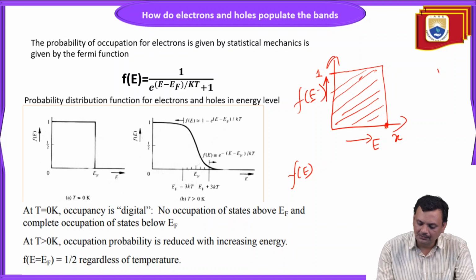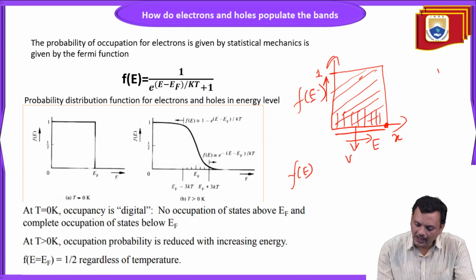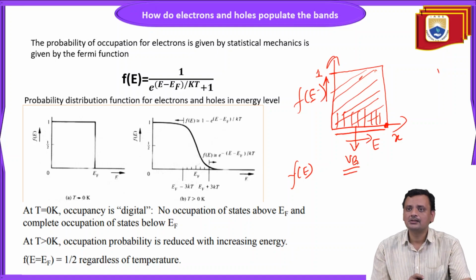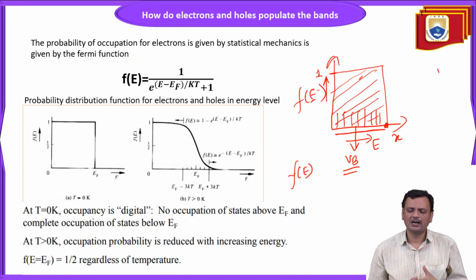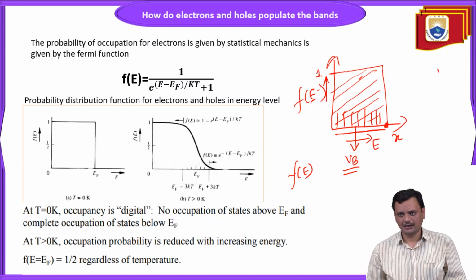Up to this energy level, all the energy values come under the valence band region, because at absolute zero temperature the valence band is completely filled, and any energy levels beyond the valence band, not part of the valence band, will be completely empty.